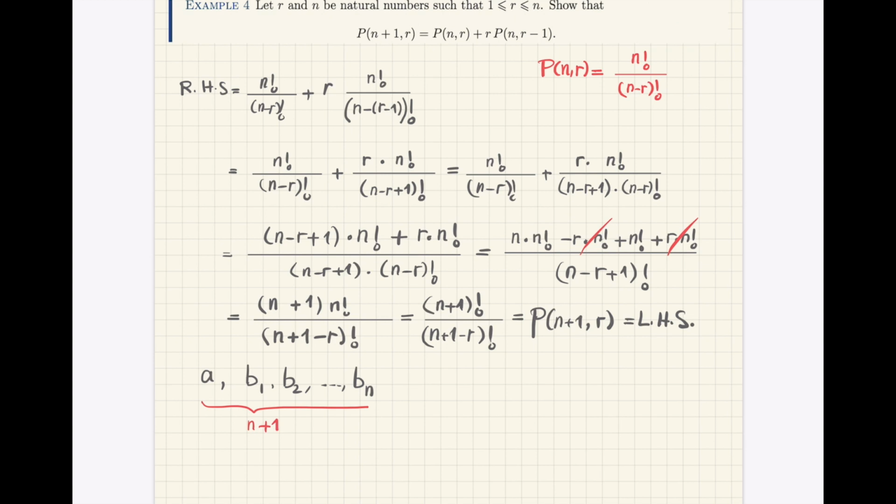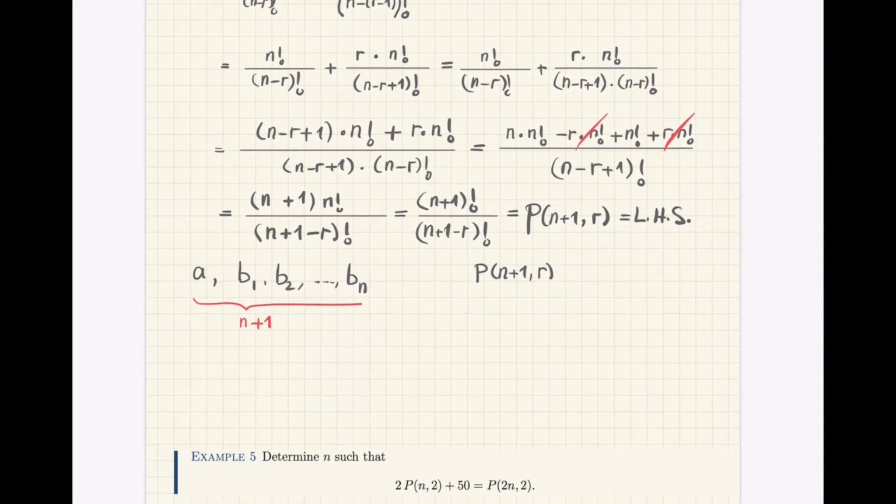So if I ask you what is the meaning of P(n plus 1, r), what do you say? You would say this would be the number of r-permutations of these objects. So it means the total number of ways that I can choose r of them and then arrange them in a row, this will give me that number.